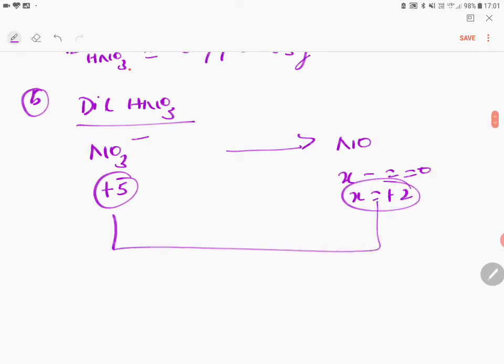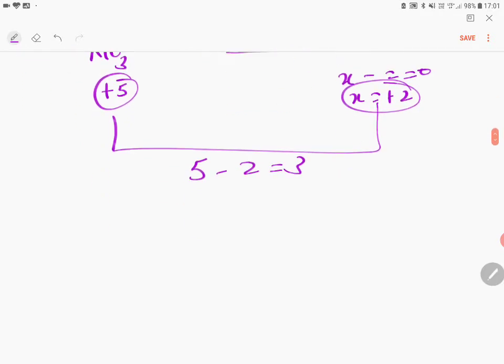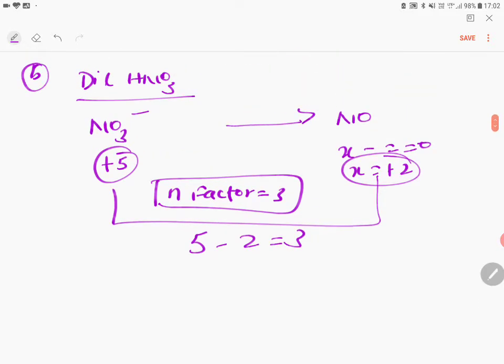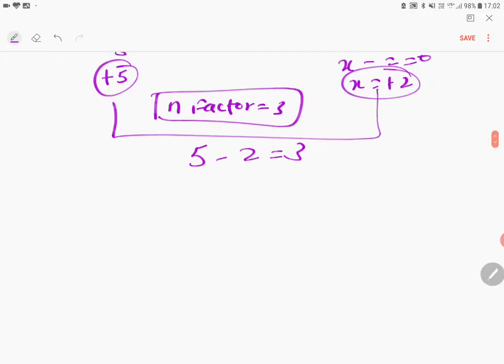So the change in the oxidation state will be 5 minus 2 is equal to 3. Therefore for dilute nitric acid, n factor will be equal to 3. So we have to put 3 electrons in this equation. Here the equivalent mass of nitric acid will be molar mass divided by 3, 63 by 3, that is equal to 21 grams.